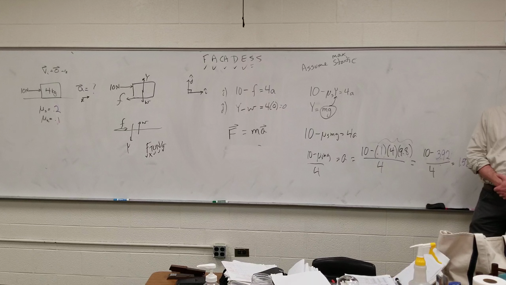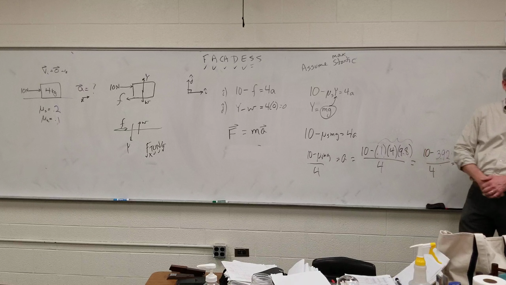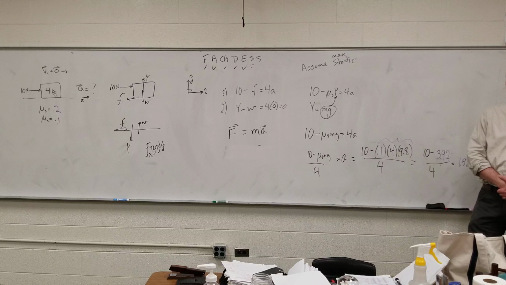Other questions? Yeah, so how did we determine that the mu sub s, if I'm saying it right, is 0.1? Because it was given. Yeah, you're either given the value of mu or you're asked to find it and you're given all the other information.